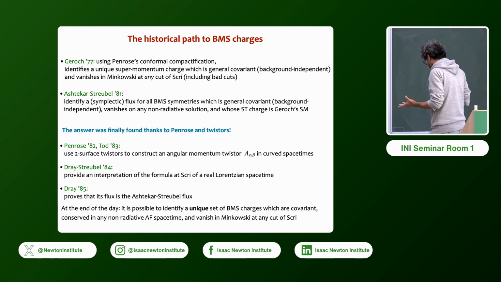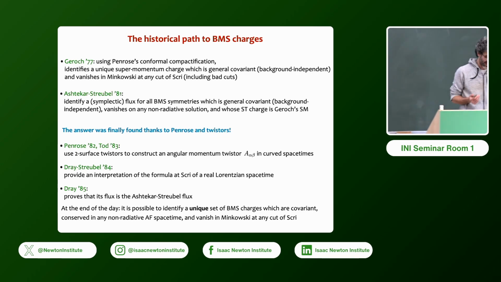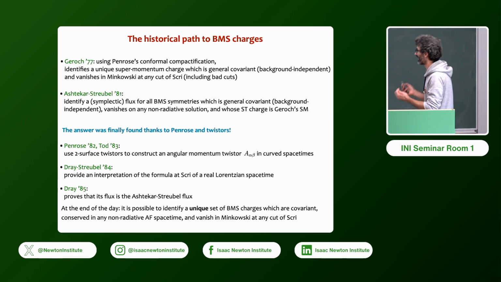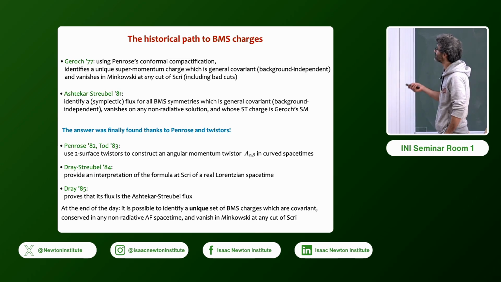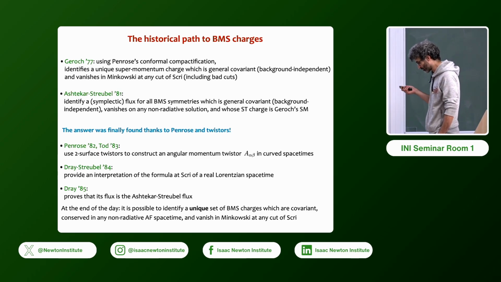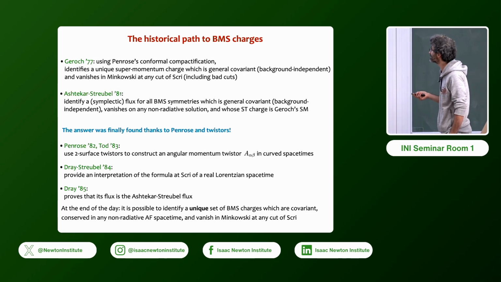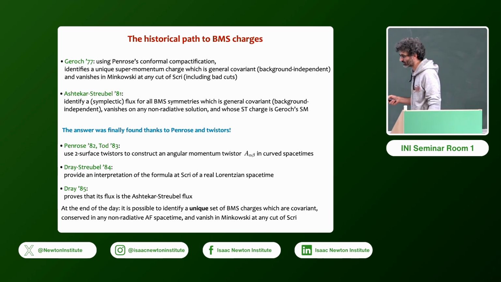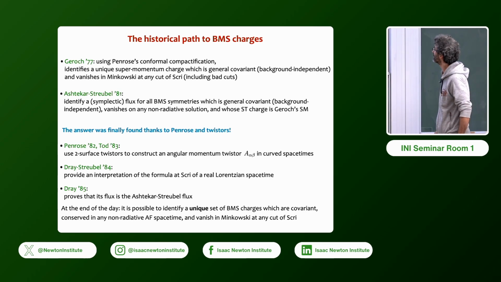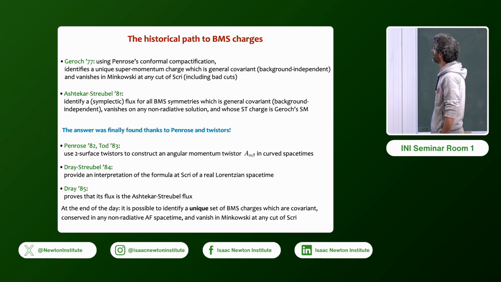Okay, so the answer was very highly inspired by Penrose and the use of twistors. In fact, in '82, Penrose proposed a formula based on two-surface twistors, which the year after Paul Tod developed a little bit further and applied to the study of quasi-local observables as well.